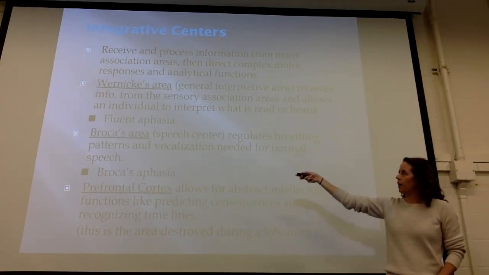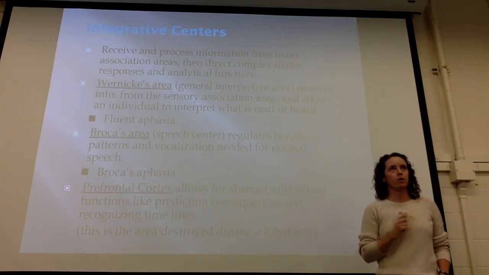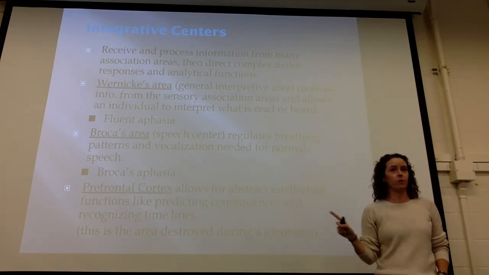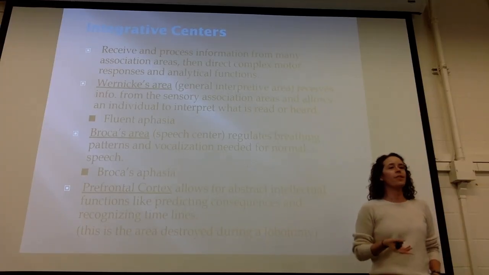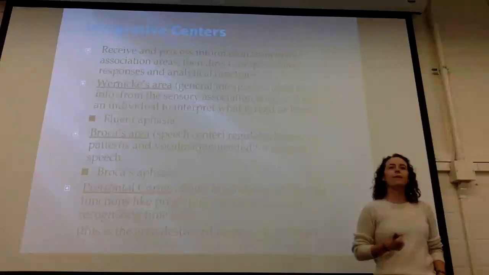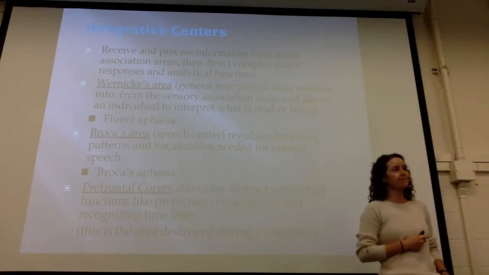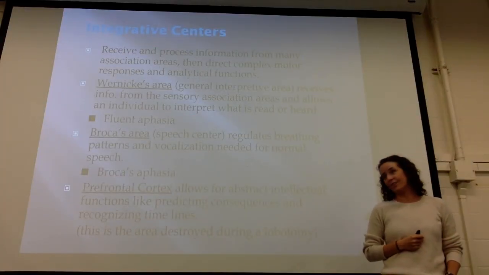So fluent aphasia is interesting because a person with damage to Wernicke's area does not understand what's going on, but they can speak totally normal. That would be like me up here saying, chair, fire, rainbow tree, troll, gummy bear, bed, hair, shower, landfill.